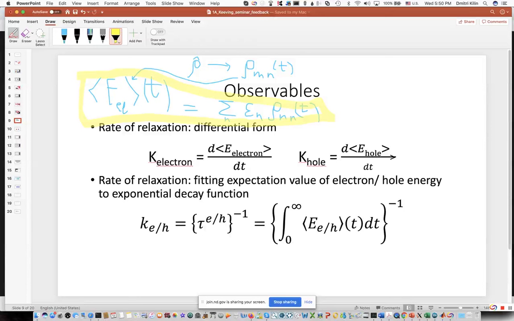Okay, and the values of rho sub n, the density matrix, are normalized to 1. So if we make this summation at any time, it will be equal to 1, right?